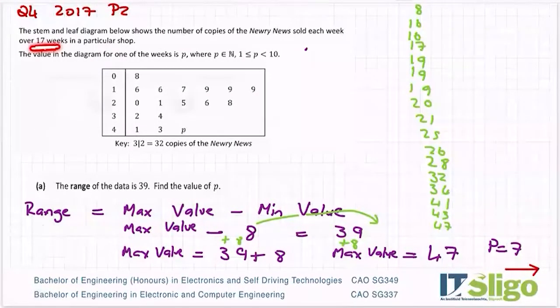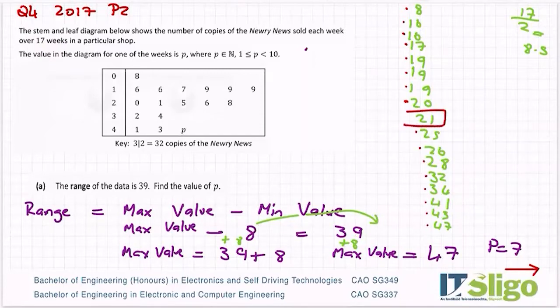There are 17 weeks, so roughly divide that by 2 and you get roughly 8.5. I count down 8: 1, 2, 3, 4, 5, 6, 7, 8, and you can see I'm getting to 20, and now I'm going to count up 8 again: 1, 2, 3, 4, 5, 6, 7, 8. Therefore there's a single value in the middle.